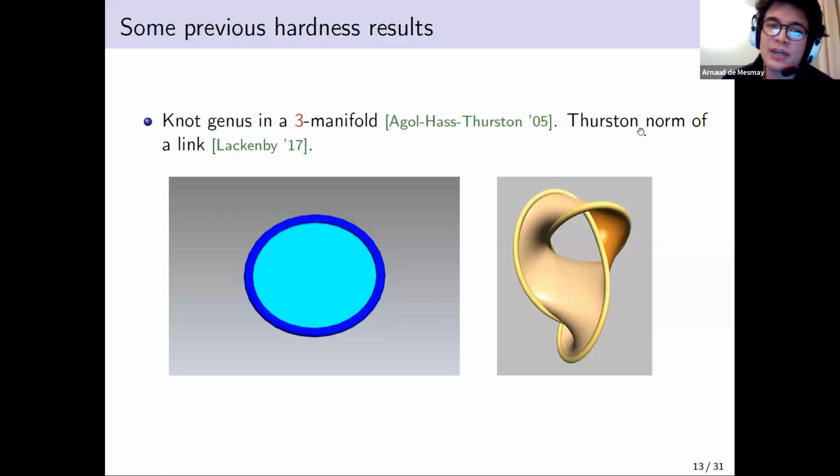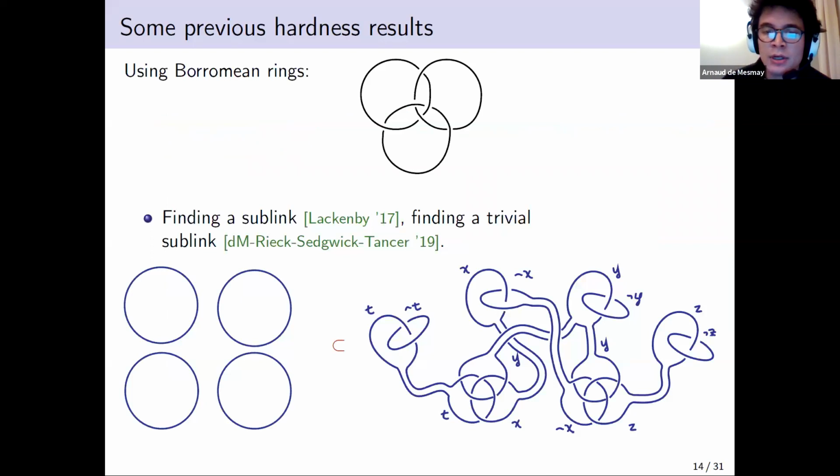There's also something else, a more refined notion that was proved to be NP-hard by Lackenby, but let me not delve into it. I also wanted to show a few pictures to say that in a previous line of work, we observed that for these Borromean rings, as I told you, whenever you remove one of them, the rest is unlinked, the rest unravels. So from a computer science perspective, you can think of this like a SAT instance.